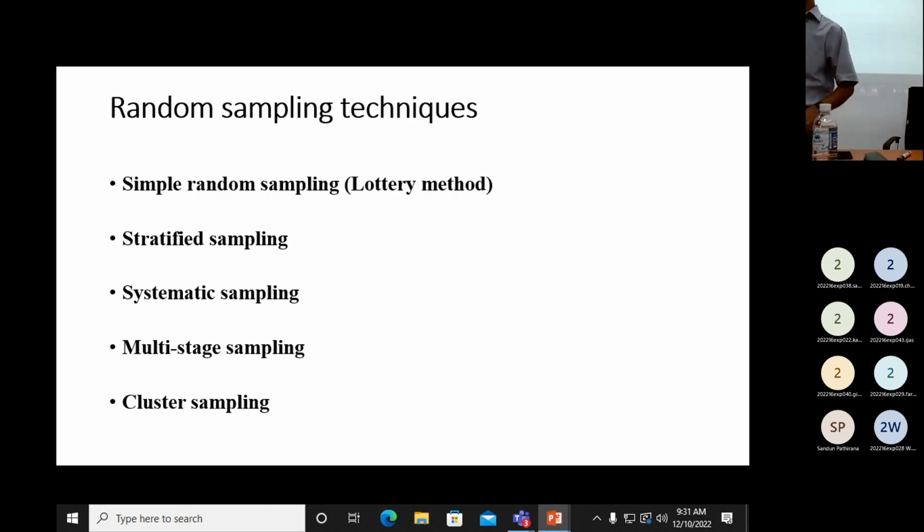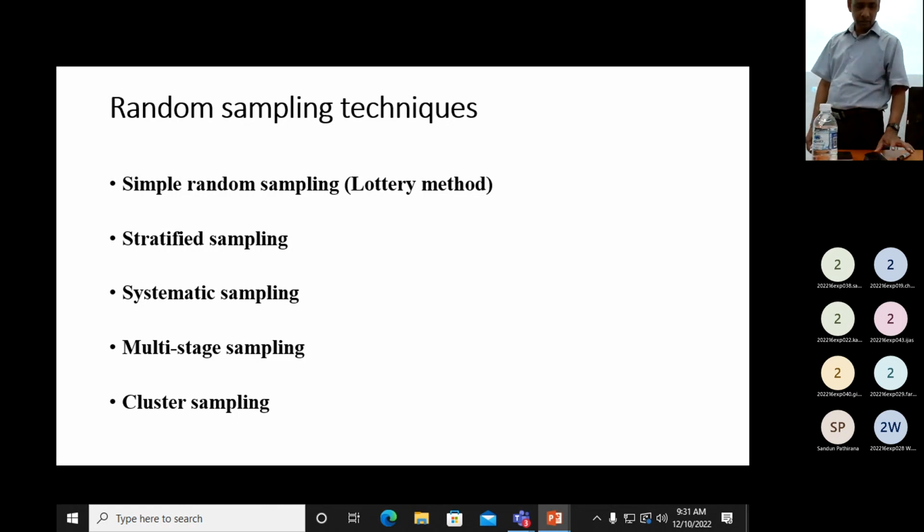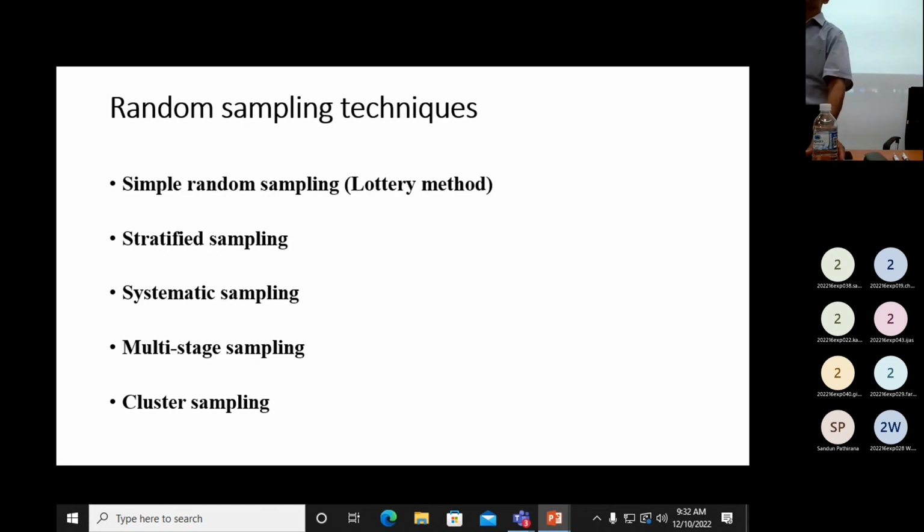First, we write down like this. In this method, we divide our entire population into a number of parts according to the size of our sample.